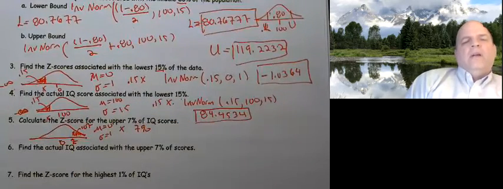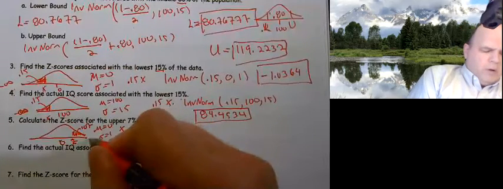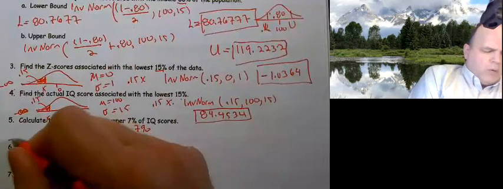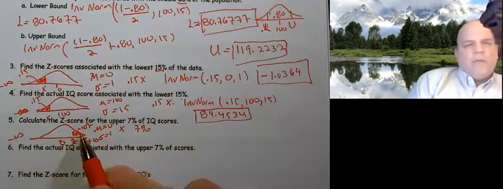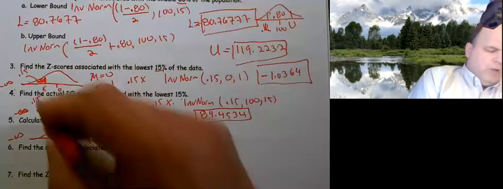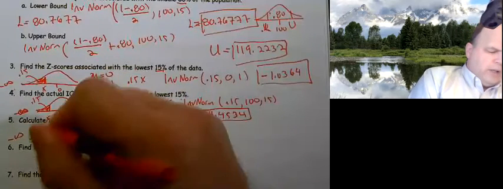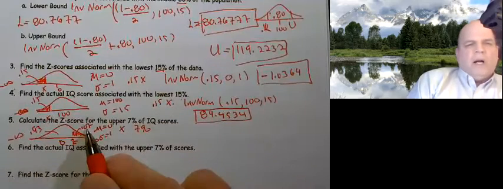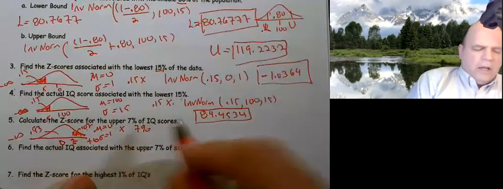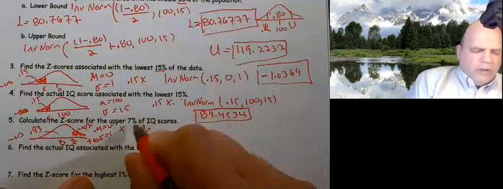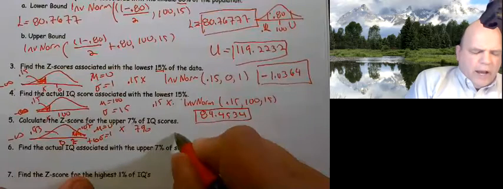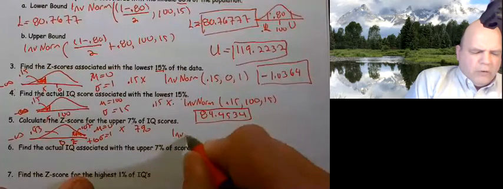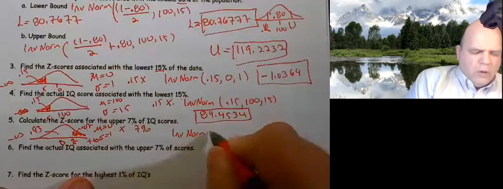All right. Now, please remember, the calculator works from left to right. And so if we shade from the right, we have to subtract. So what we're going to put into the calculator is 0.93, which is 1 minus 0.07. Since they gave us an area, this is going to be inverse norm.